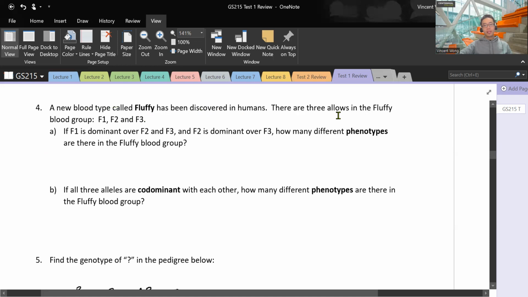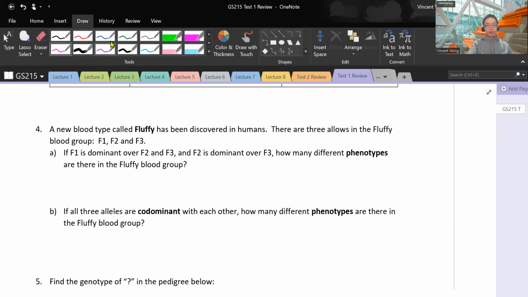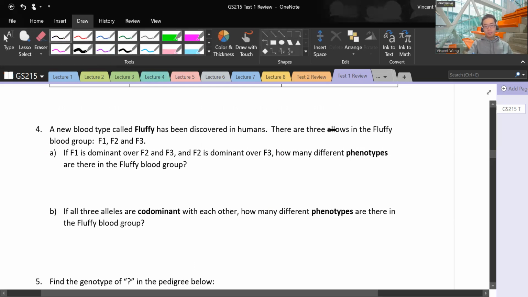There are three alleles in the fluffy blood group, F1, F2, and F3. F1 is dominant over F2 and F3. F2 is dominant over F3. How many different phenotypes are there in the fluffy blood group?